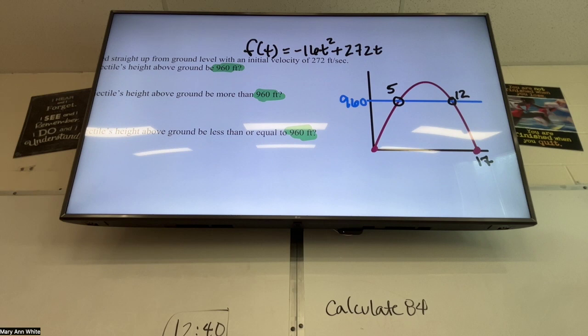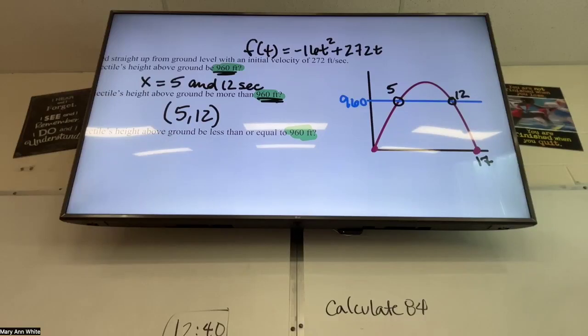All right, when will my graph be exactly 960 feet? 5 and 12, very good. When will it be more than 960 feet? Between 5 and 12, am I going parentheses or bracket? Parentheses. Because if I say I want more than an 80%, I don't want an 80, I want an 81 or more.